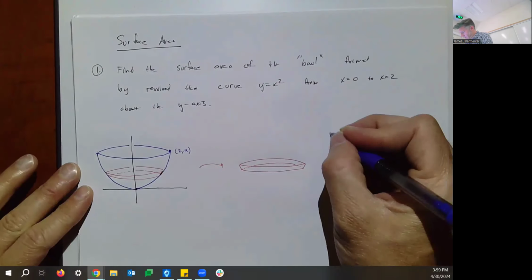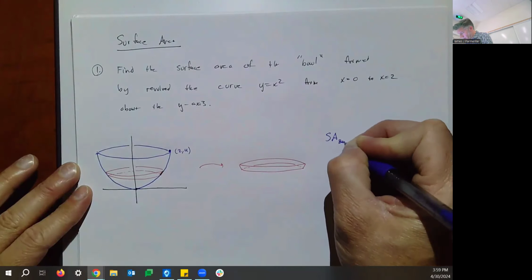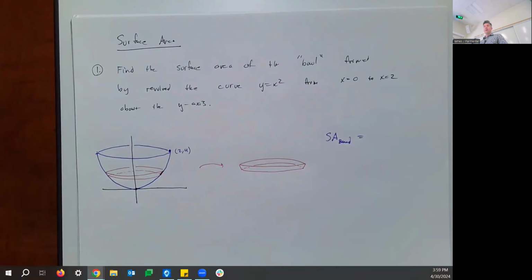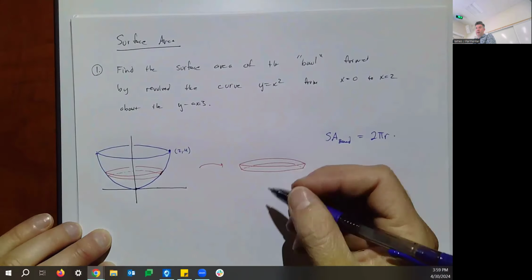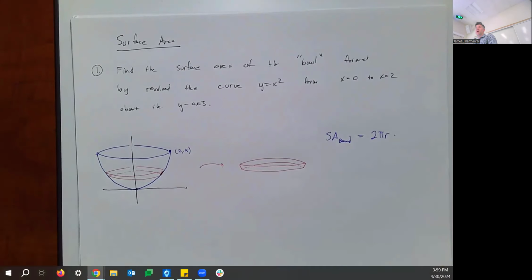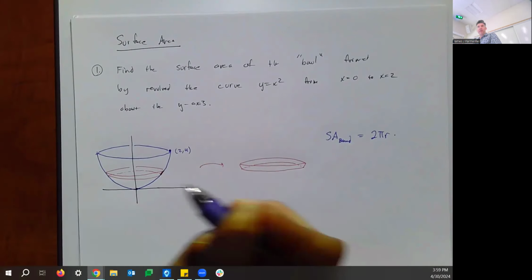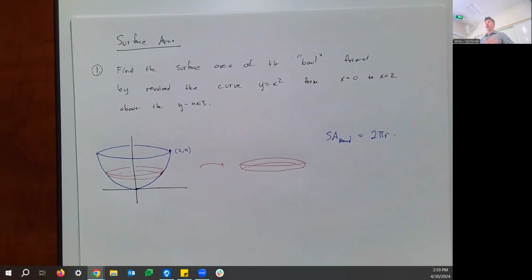So the surface area of our rubber band is going to be the circumference of the rubber band times the thickness of the rubber band. But the thickness isn't a dy or a dx. It's a ds, because we didn't move straight up and down or straight left and right. We moved diagonally, kind of.